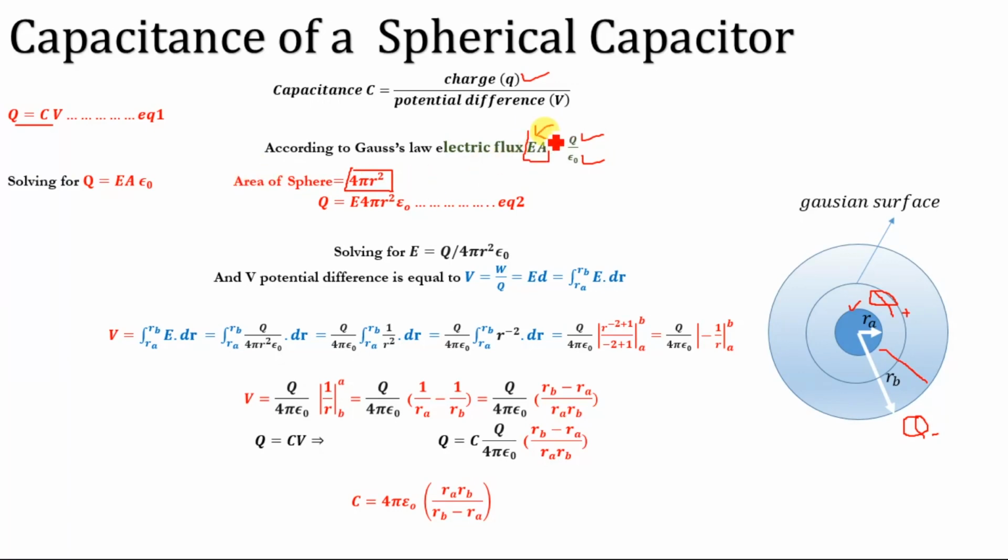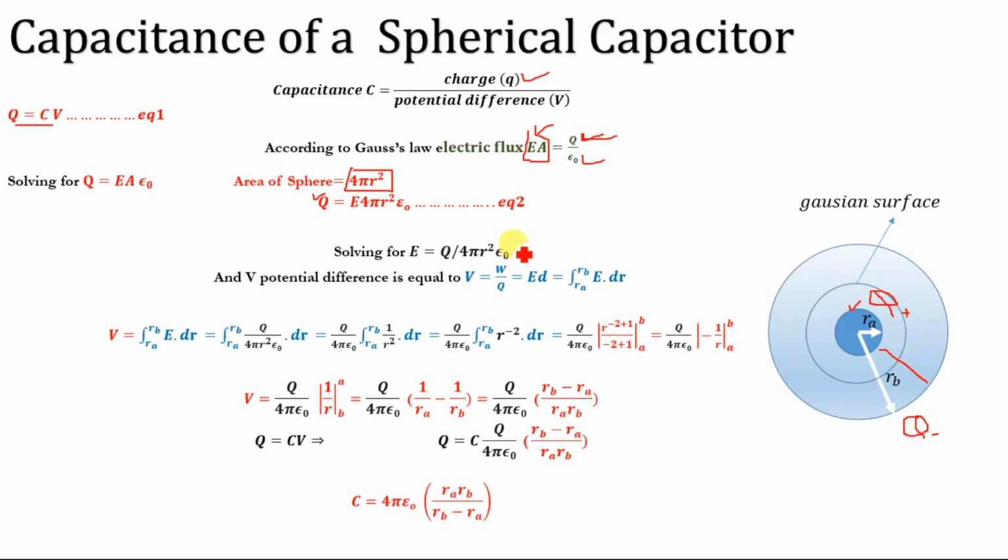By substituting the value of area and solving this equation for charge Q, we will have Q is equal to E 4 pi r square epsilon naught. This is the charge Q enclosed by this Gaussian surface. E is the electric field and r is the radius of this Gaussian surface.